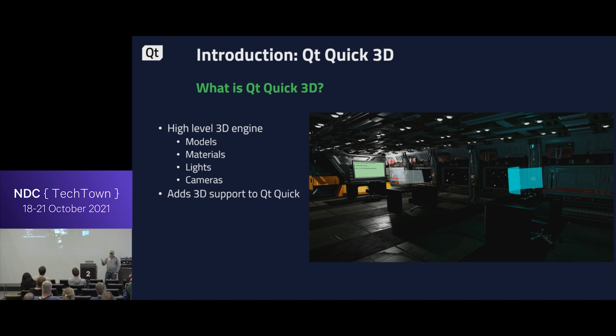And this is a high-level 3D engine. That's kind of dark, but this is actually a scene that was done with Qt Quick 3D. So rather than deal with the OpenGL primitives of buffers and textures and stuff like that, you're specifying models or materials to how to shade those models and lights and where the camera is and what you're rendering.